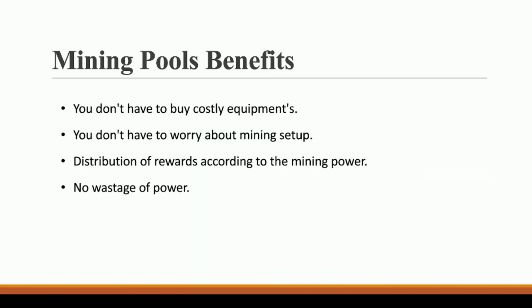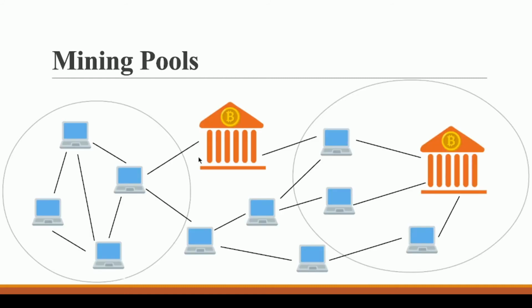Okay. And the fourth point is that there is no wastage of power, since all these four miners are solving the same mathematical problem, right? But this mathematical problem will be divided among all these four people, which we will discuss in our upcoming videos. But for now, let's say this mathematical problem is of 100 meters, just an example to give you.